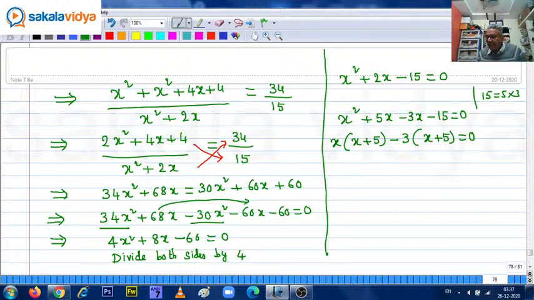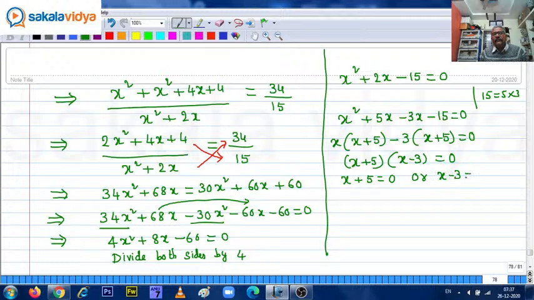Right? So now x plus 5 is common, we have x minus 3 equals 0. So x plus 5 equals 0 or x minus 3 equals 0. We get x is equal to negative 5 or x is equal to positive 3.